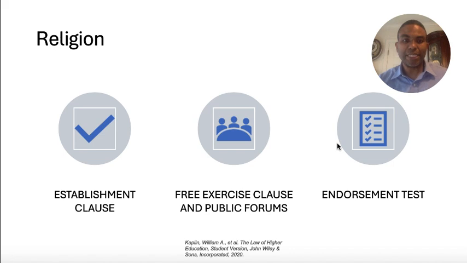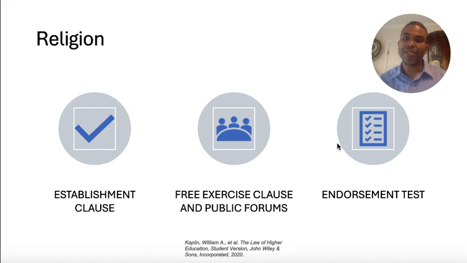So in terms of religion, there's the Establishment Clause of the Constitution: Congress or government shall not establish religion. Then there's the Free Exercise Clause, that individuals should have free exercise. Sometimes we deal with that with public forums. Can someone talk about religion in a public forum? There's essentially an endorsement test to see whether or not the institution is endorsing a particular religion.